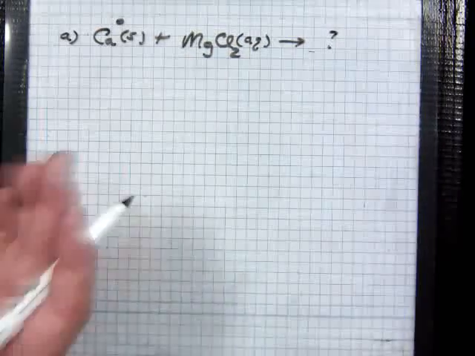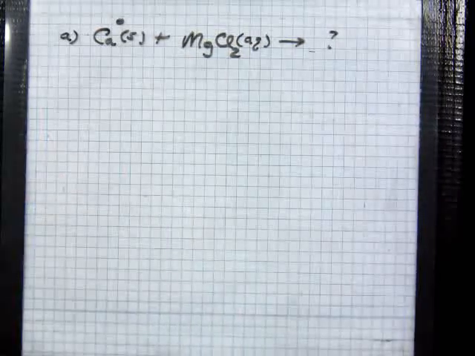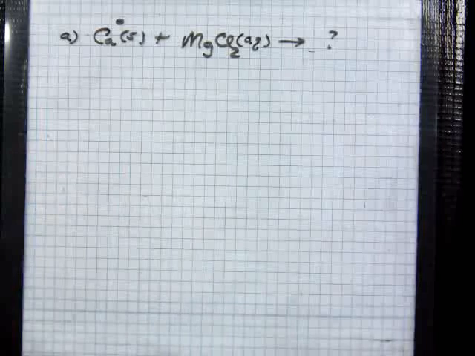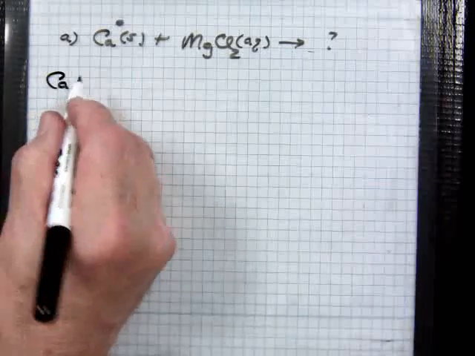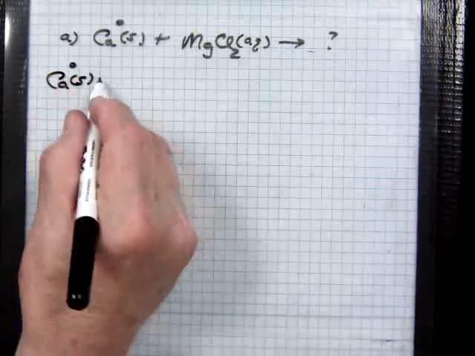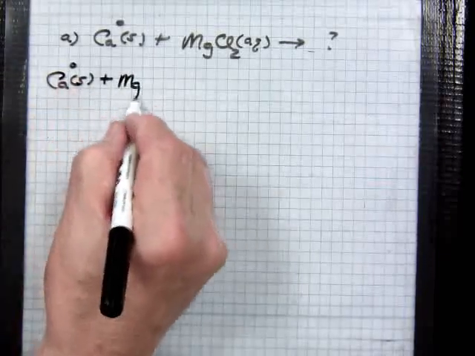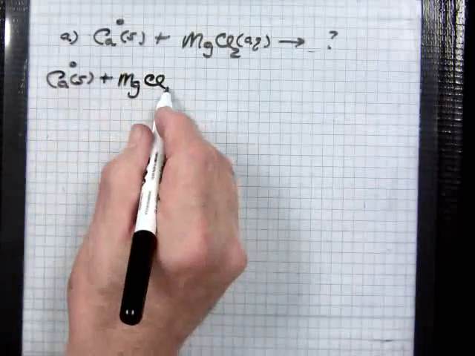And so we need to write the whole complete reaction first, and then identify oxidation reduction half reactions. So I'll take this and go to calcium. I'll move it over so I can have some room to put this together. Magnesium chloride, aqueous.